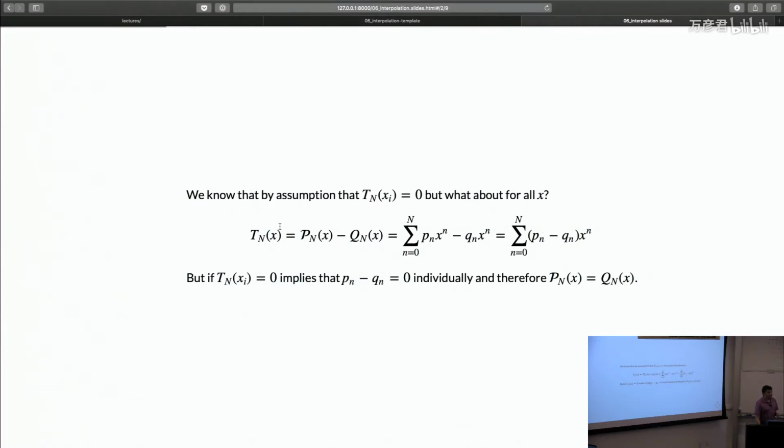Right, so this is the polynomial Tn. If Tn(xi) is equal to 0 at the xi's, note that there is no spatial dependence on those coefficients. So that means that these have to actually be identically equal to 0. If they're equal to 0 in this case, they have to be equal to 0 in all of x. And therefore, these are the exact same polynomials.